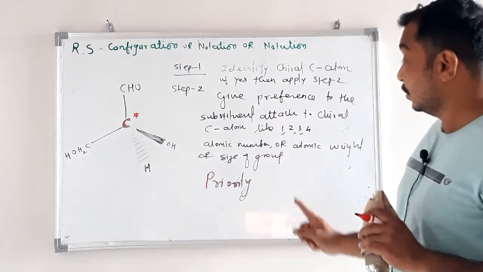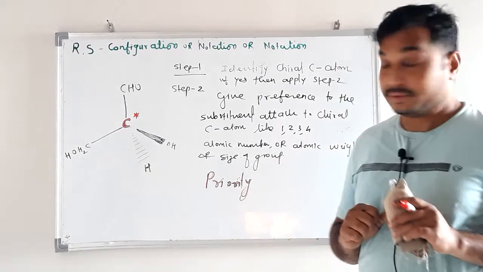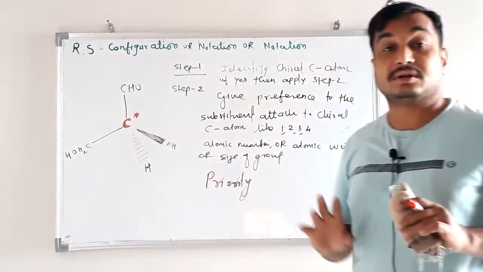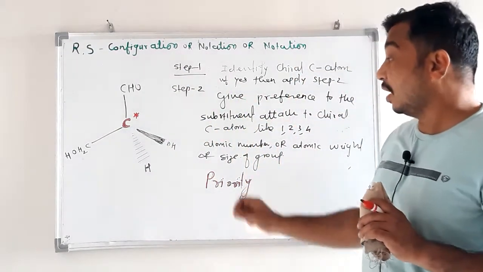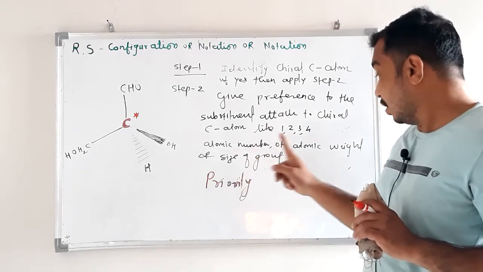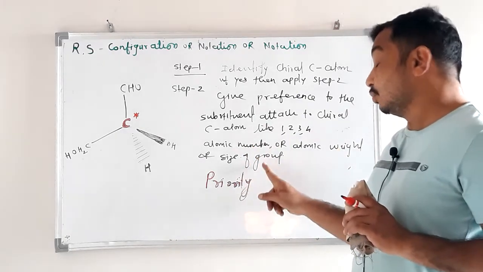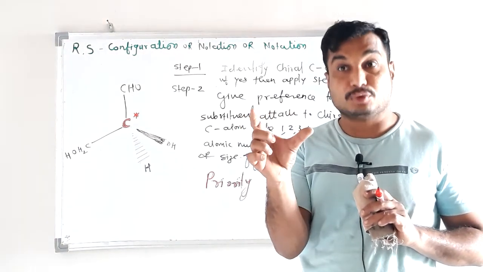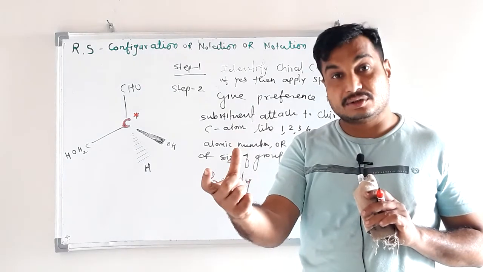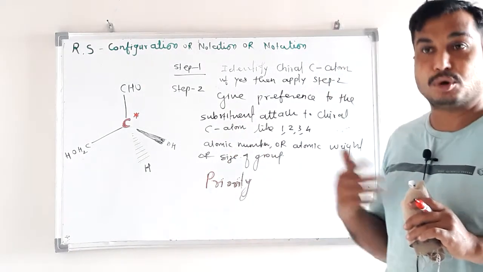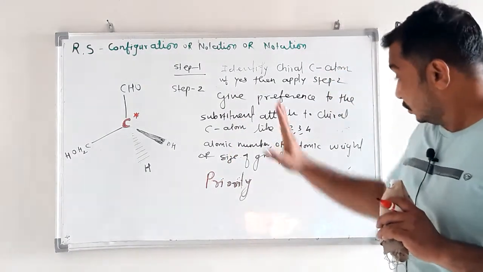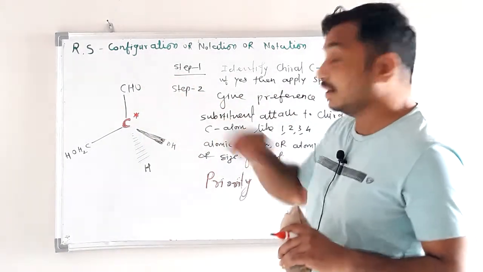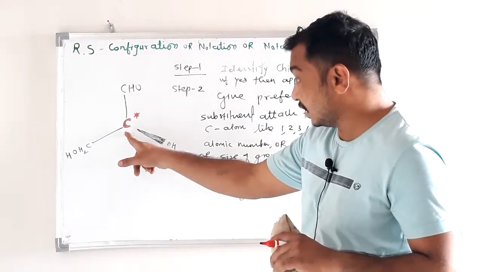Similarly, here also we have to give priority or importance to these 4 substituents attached to the chiral carbon atom on the basis of atomic number or atomic size or group size. Some groups are smaller in size, some groups are bigger in size, and the bigger group gets more priority. Now, according to step 2, come to this example: we have to give priority 1, 2, 3, 4 to the substituents attached to this chiral carbon atom.